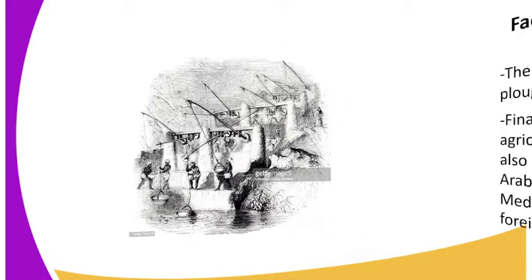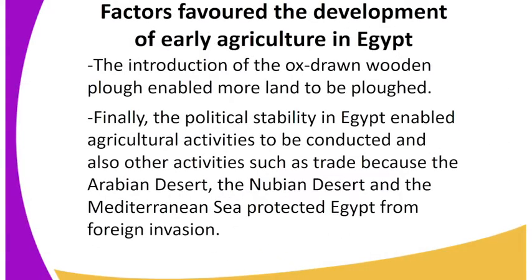As you can see from the diagram here, we have just one example of a method of irrigation used in ancient Egypt, and this is the so-called Shadoof method of irrigation. Another thing, the introduction of the ox-drawn wooden plough enabled more land to be ploughed.